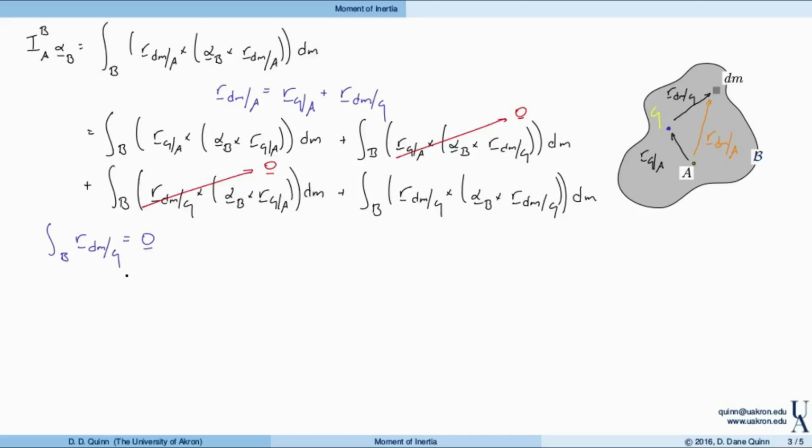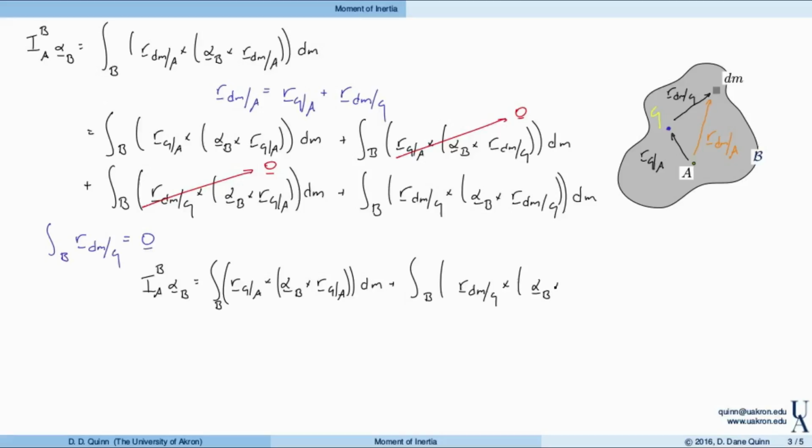As a result, the moment of inertia about point A times the angular acceleration reduces to just these first two terms, r of GA cross alpha cross r of GA and r dm with respect to G cross alpha cross r dm with respect to G. Well, we can actually simplify these as well, because this whole argument is constant.